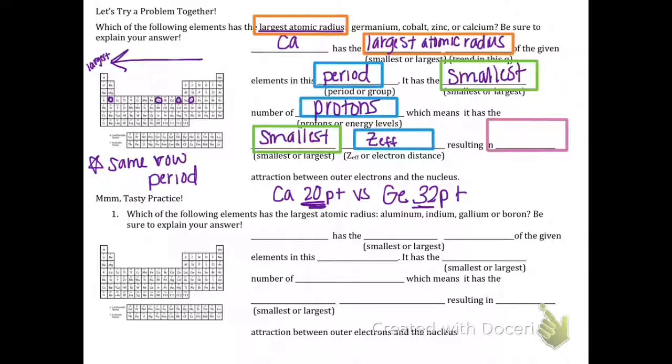It's not really going to hug you that strongly. If that's the case, then we know that this results in a smaller attraction between the electrons and nucleus, which is why it's so big in comparison to germanium. All right, I did these two examples, so look back if you need to and try the next two on your own.